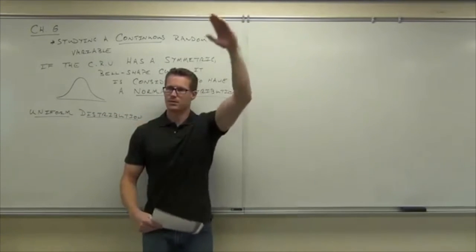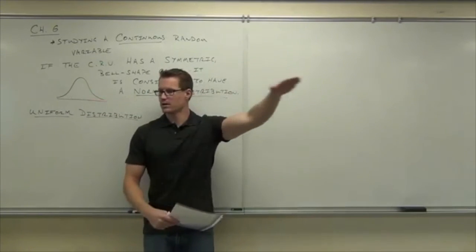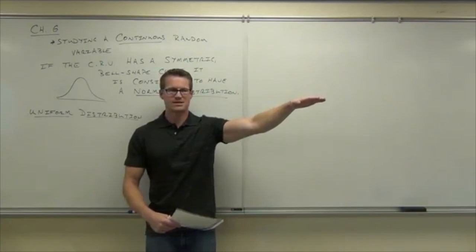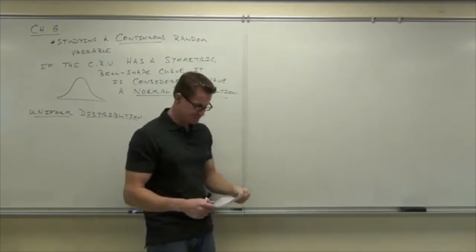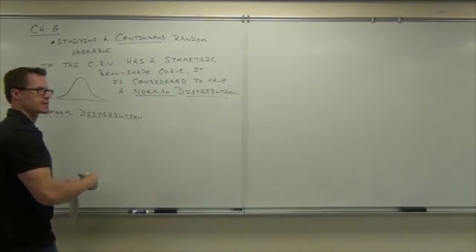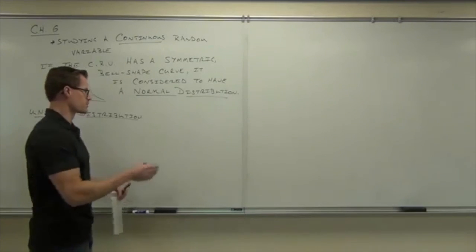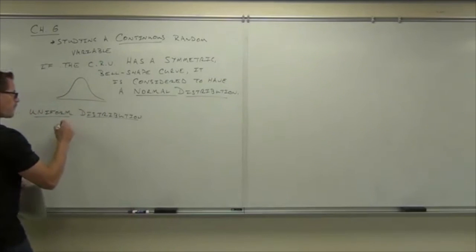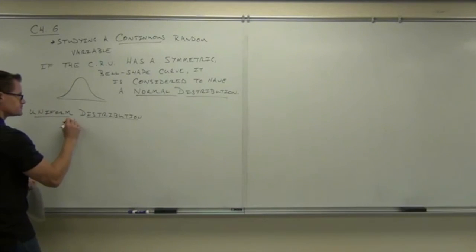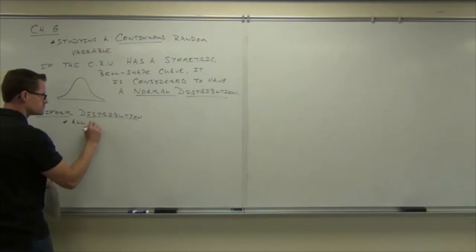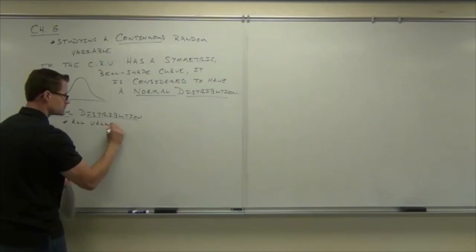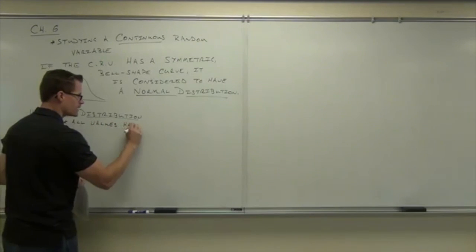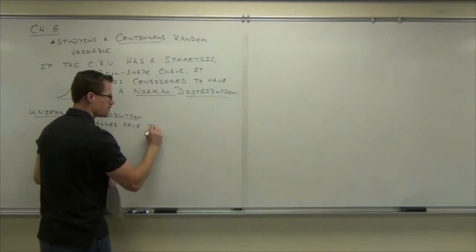It wouldn't go up, it wouldn't go down, it would just be the same all the way across. You with me on that? It's the most basic type of distribution that we can have. So all the values would have the same probability of occurring if we were looking at a uniform probability distribution.